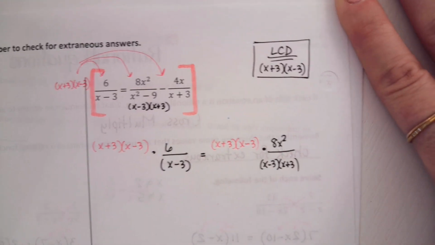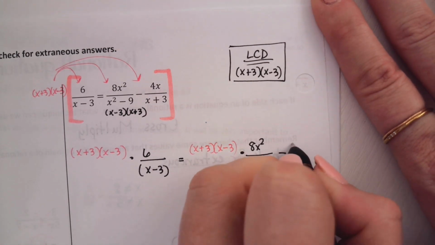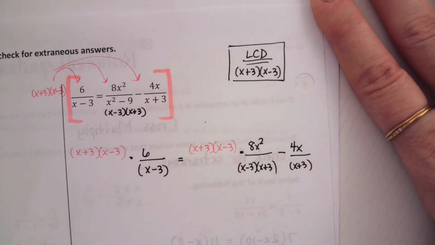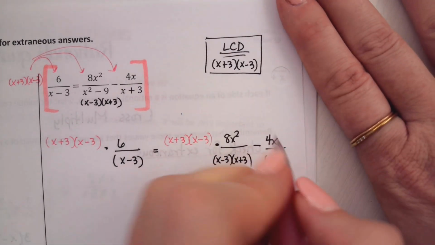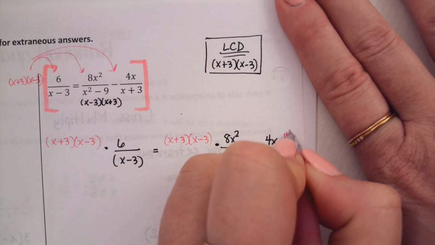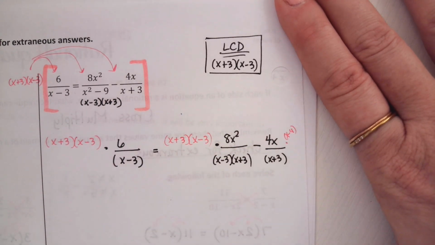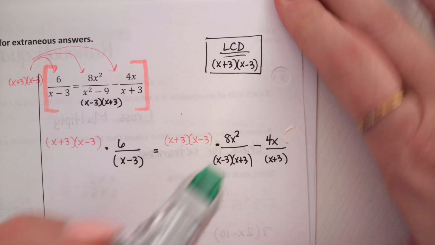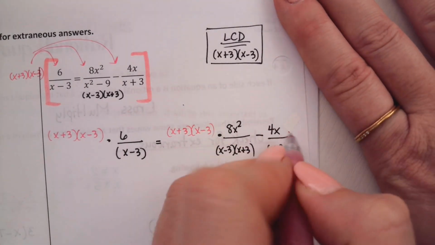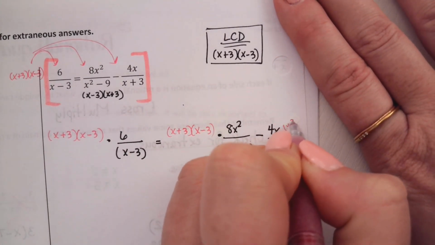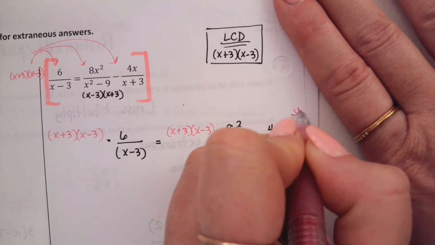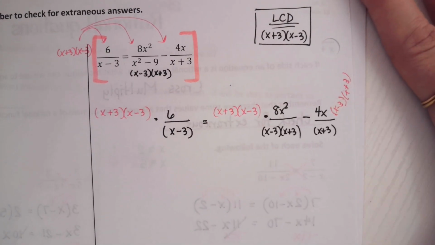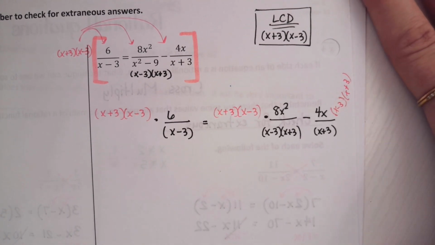And then we have minus 4x over x plus 3 times the LCD, times x minus 4, x minus 3, x plus 3. I'm running out of room on this one. I wasted too much room on that first term.